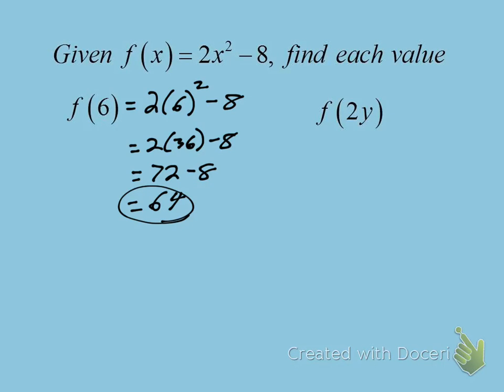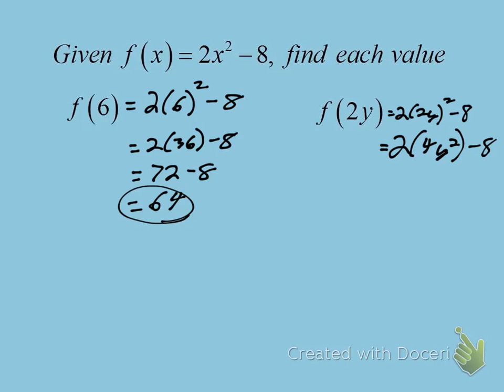Same concept, except you plug in 2y instead of 6 on this one, right? You gotta think back a little bit. What's 2y times 2y? 4y squared, because y times y is y squared. Remember that?